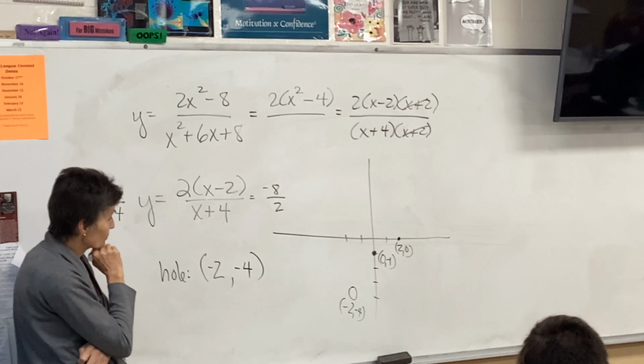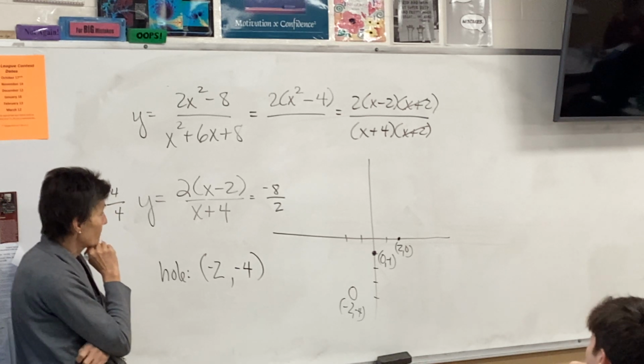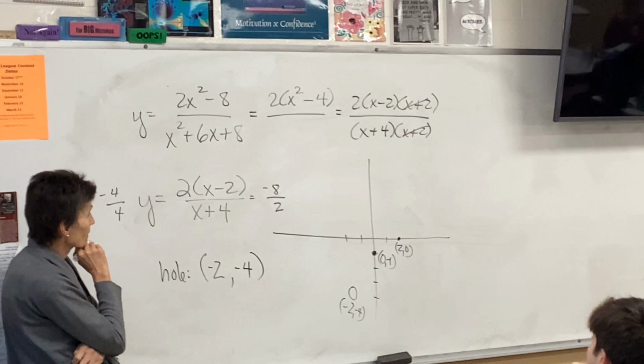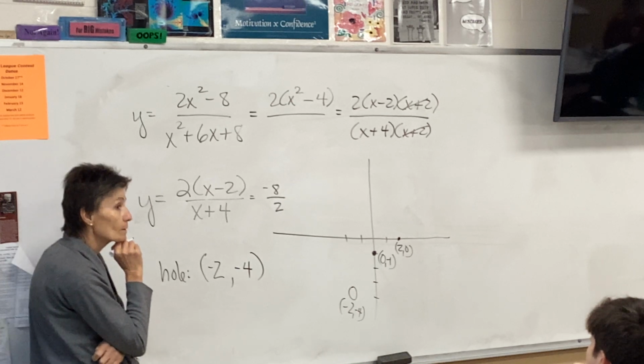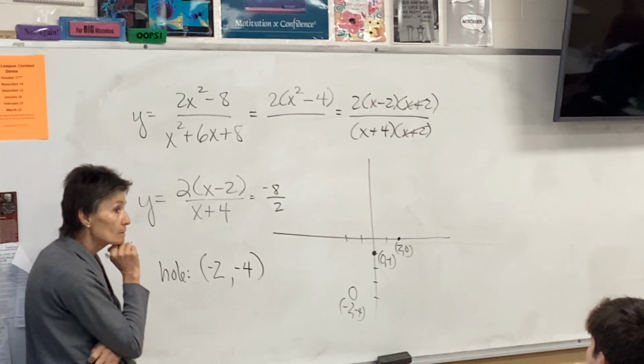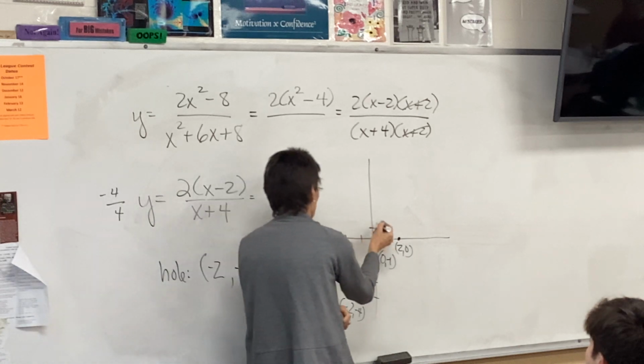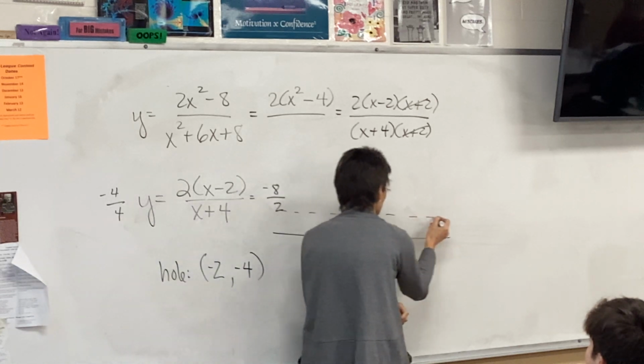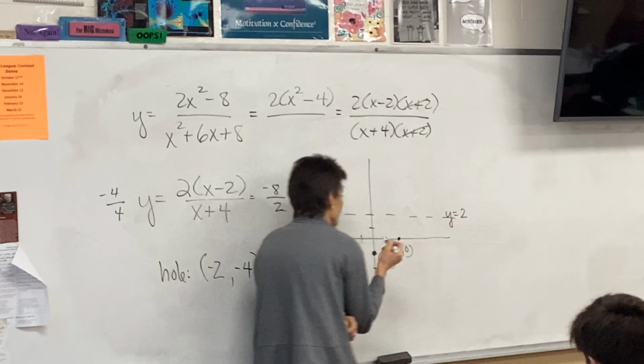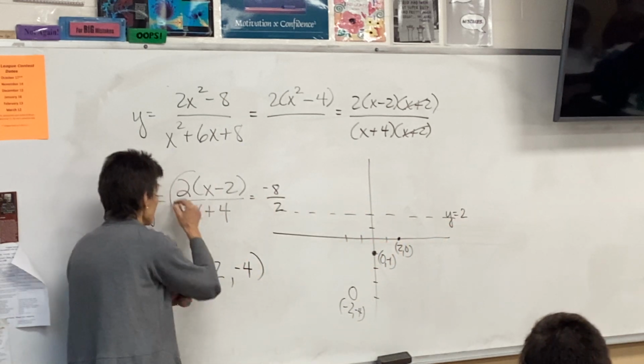I'm missing my asymptotes. Where are my asymptotes? Horizontal asymptote would be the numerator and denominator, 2 over 1. So my horizontal is just y equals 2. Okay, that's right. My horizontal is y equals 2.